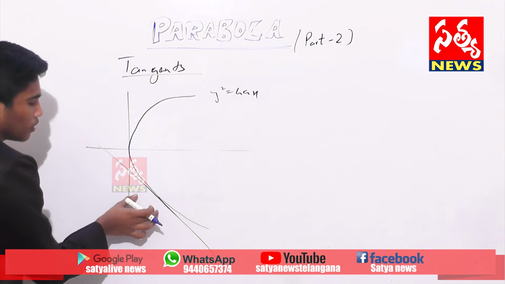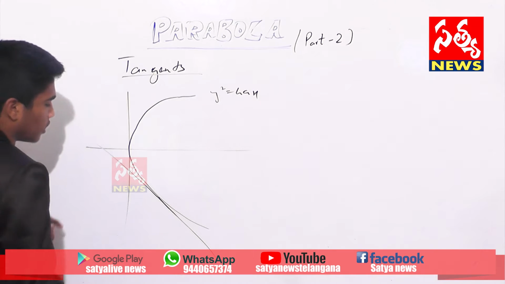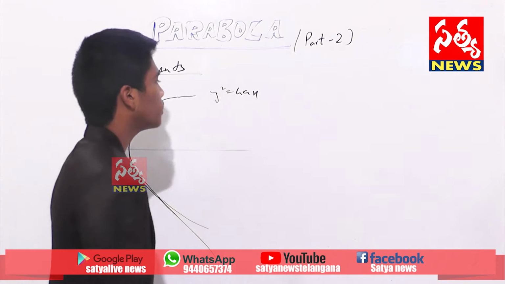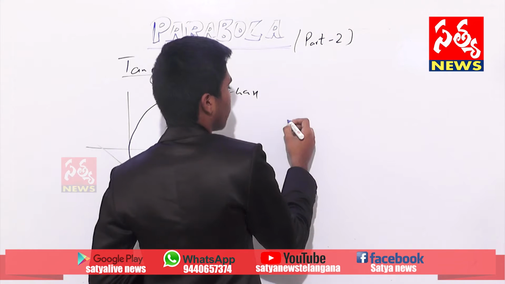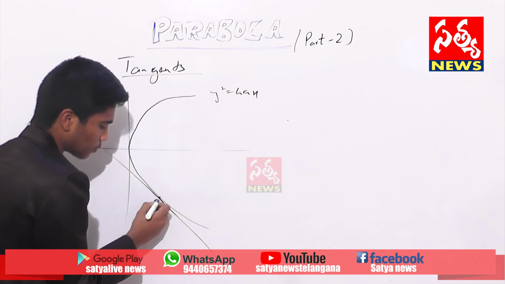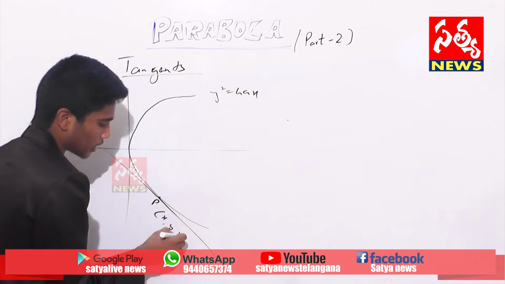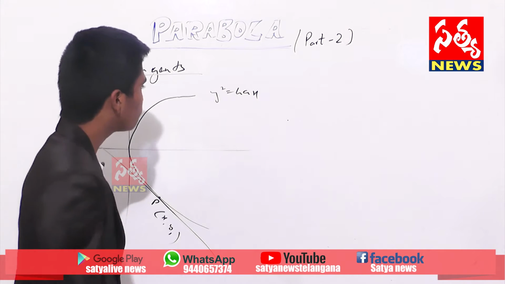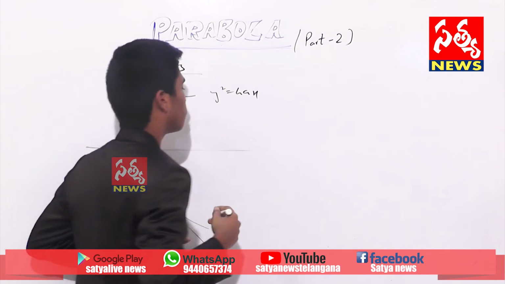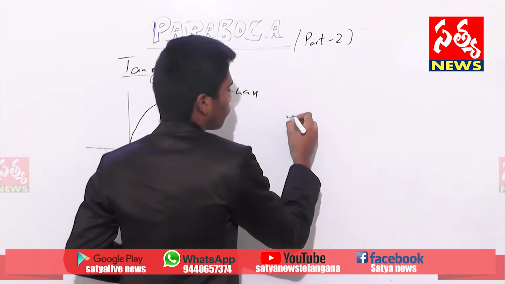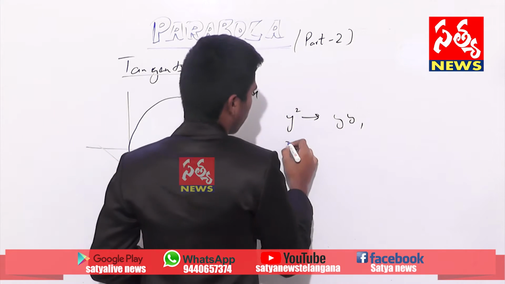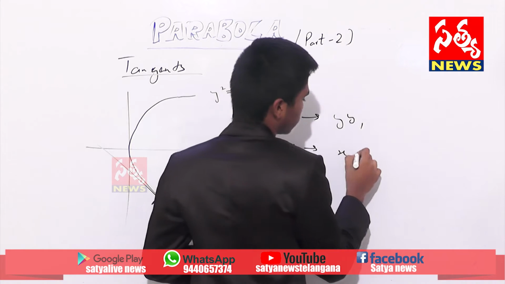Okay, now for finding the equation of a tangent, the formula is to replace the value of... First of all, let's assume that this point is P and the coordinates are x1 comma y1. Here, for finding the tangent, I am going to replace y square with y into y1 and 2x with x plus x1.